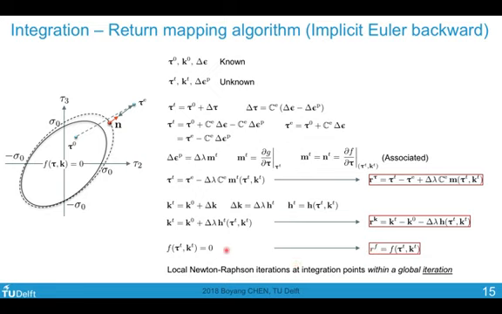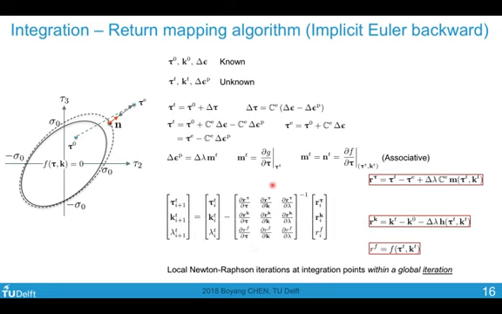Bear in mind these are local iterations. They need to be performed within a global iteration at each integration point. So we can solve the problem by the usual full Newton-Raphson. We have our solution estimate at local iteration i plus 1 equals the previous estimate minus the inverse of this tangent stiffness matrix multiplied with the previous residues.